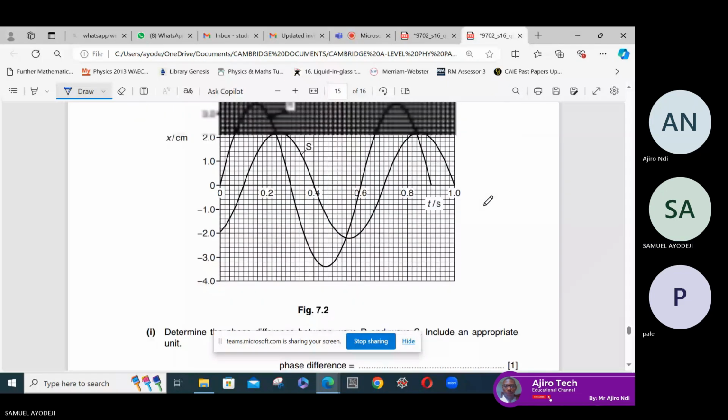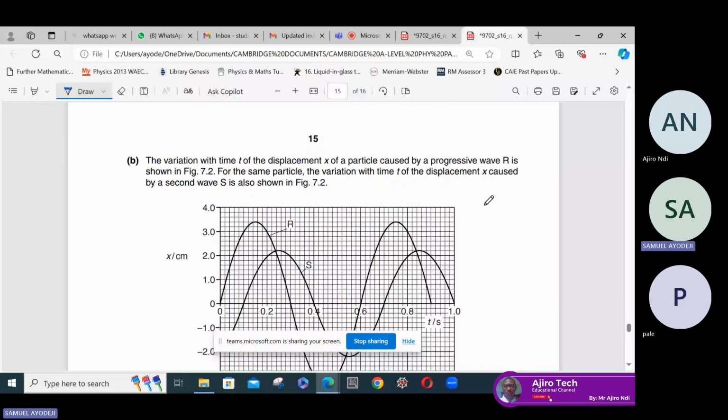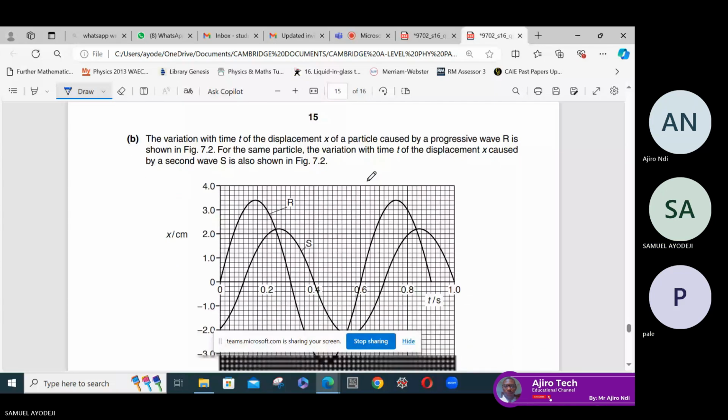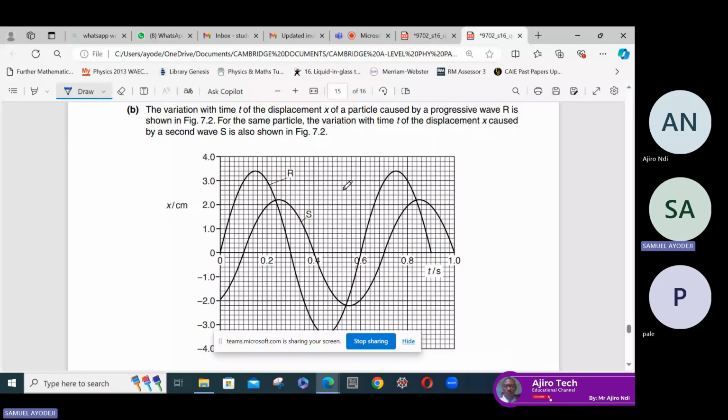This is an interesting part: the variation with time of displacement. Can you see my screen? No, I cannot. Oh, okay. Yes, now I can see it.